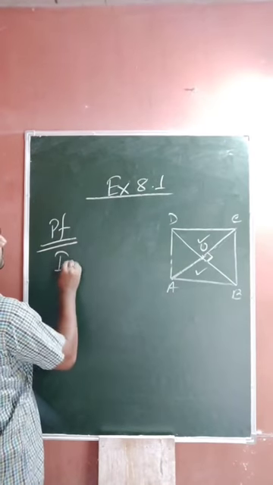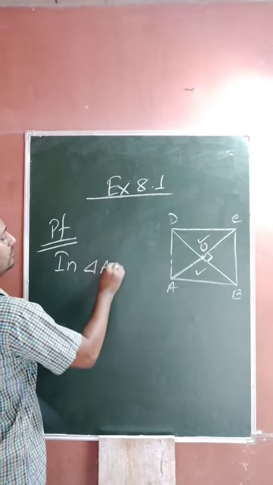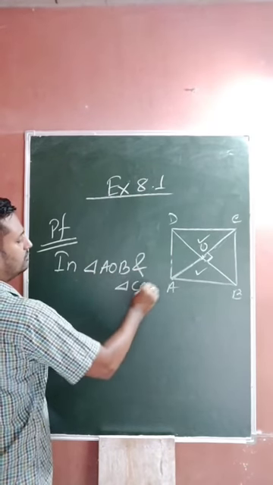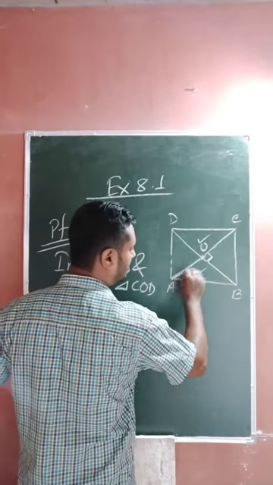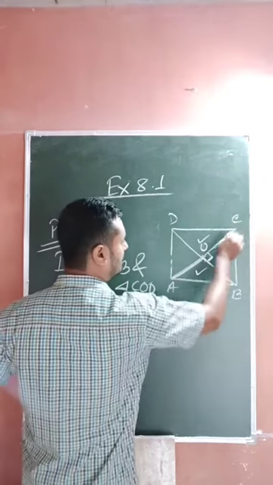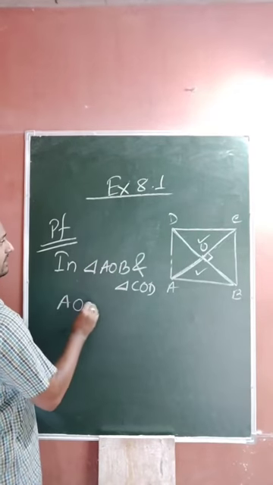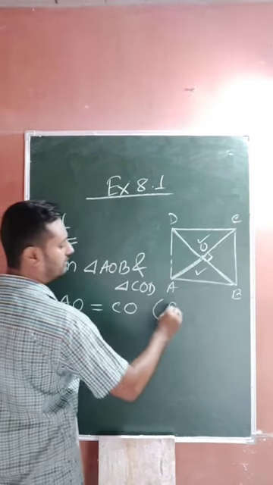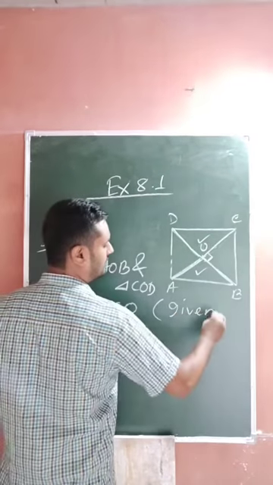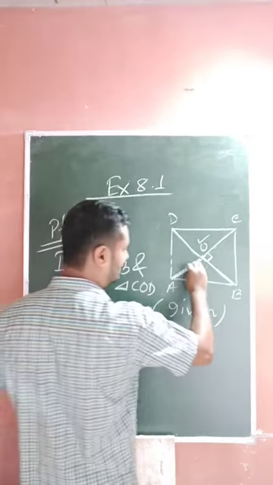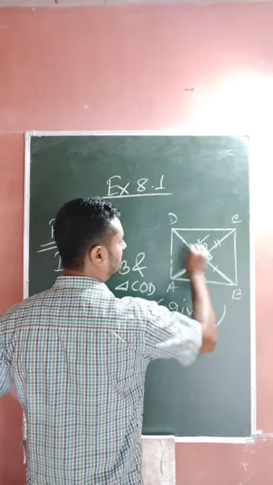In triangle AOB and triangle COD, in these triangles AO is equal to CO, given, because the diagonals bisect. Bisect means this part and this part are equal.